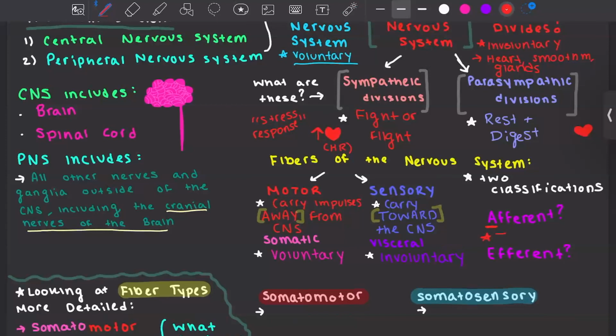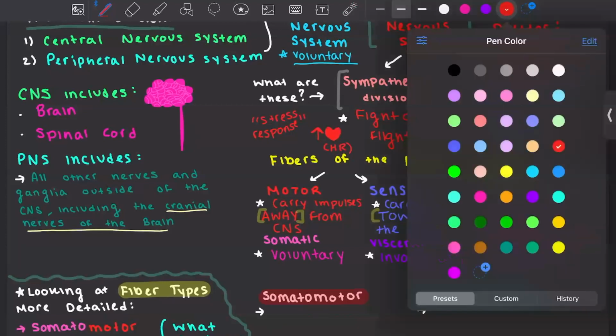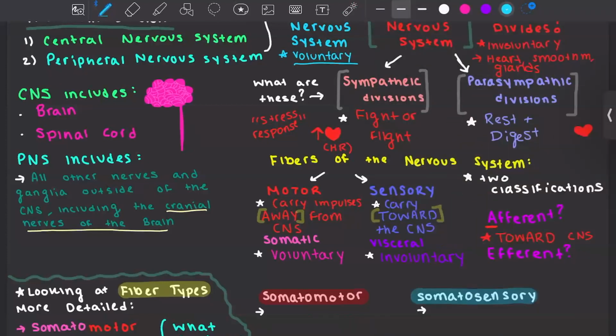Afferent is going to be toward the CNS, and then efferent, which I have always thought about as in exit, is going to be away from the CNS. So although you would think that afferent is going to be away, do not think that.